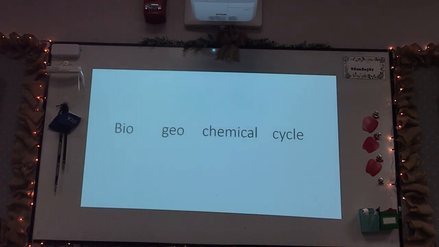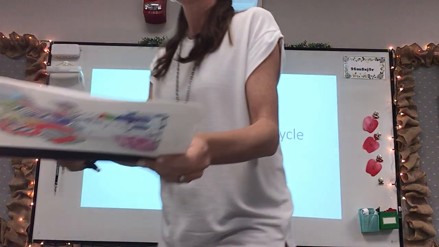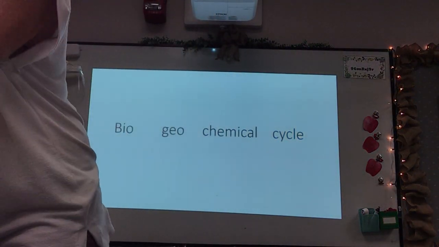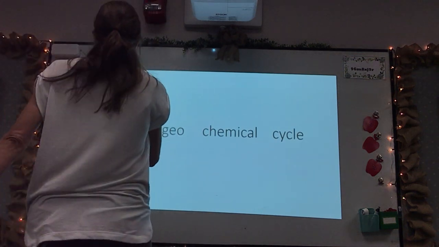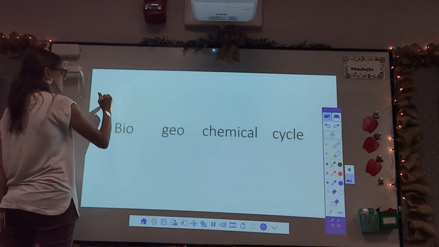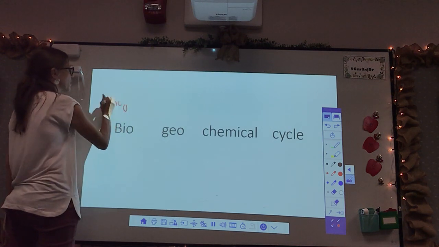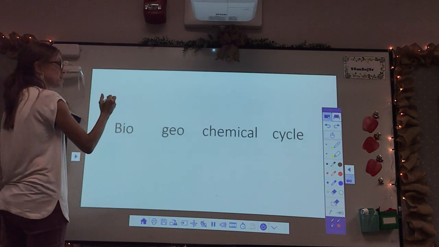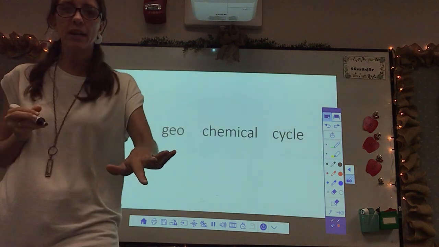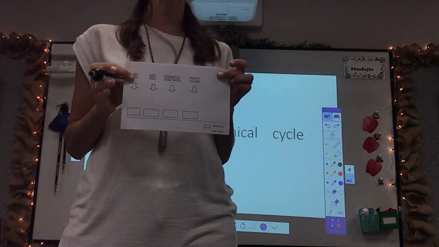Raise your hands, please. All right. Stella? Biography, exactly. You know what, I'm going to do this how you guys are supposed to be doing it. On your sheet, right here, you've got biogeochemical cycle.